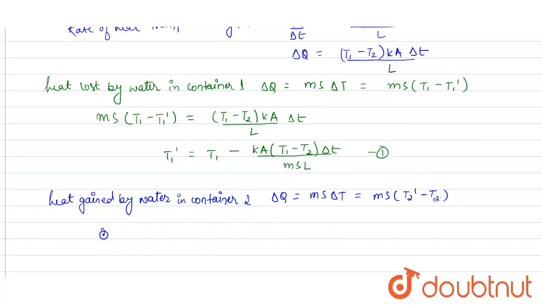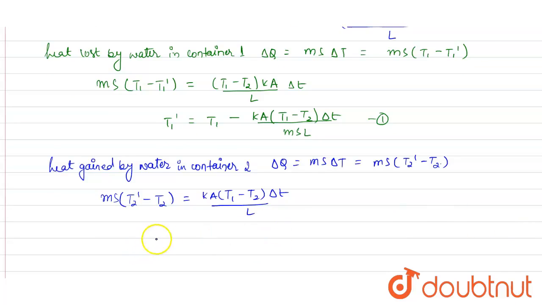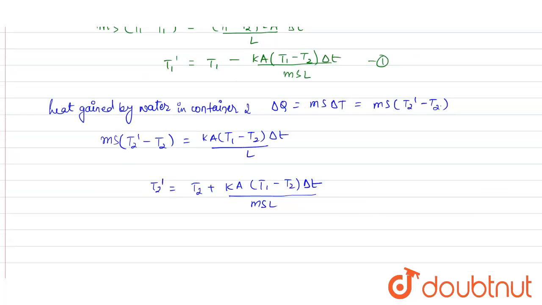So m s (T2 dash minus T2) equals K A (T1 minus T2) delta t upon L. From here, T2 dash will come as T2 plus K A (T1 minus T2) delta t upon m s L. This is equation number 2.